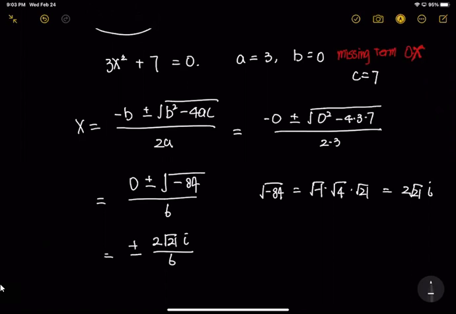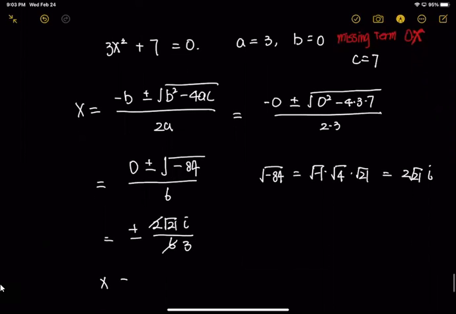You can also simplify this 2 with the 6 to get 3. So our x is equal to positive and negative square root of 21 i over 3. So that would be the solution.